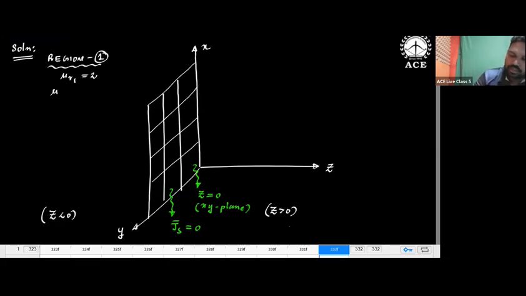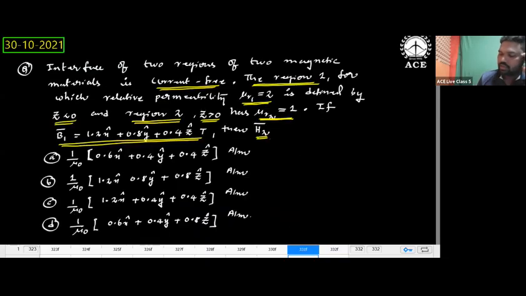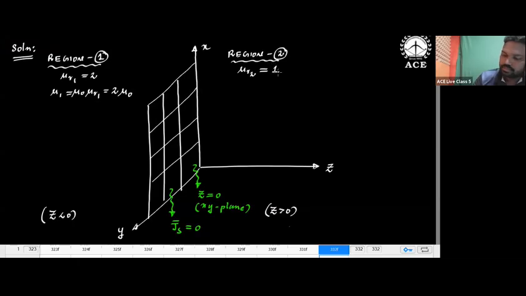So the mu1 is equal to mu naught into mu r1, which is 2 into mu naught. Here it is region 2. Here mu r2 is equal to 1. So mu2 is equal to mu naught into mu r2, which is equal to mu naught.